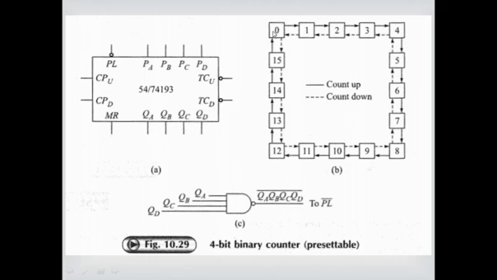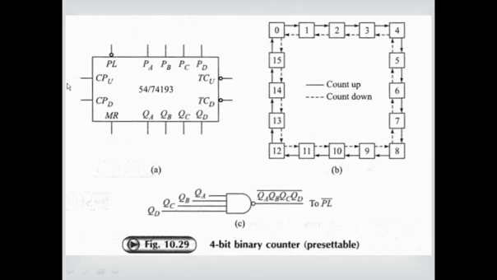That means it is in the stable state 0, and each box is also representing that these states are stable. Now, once this MR is made inactive, that means by making it low, parallel entry is going to be high, and this is unconnected.